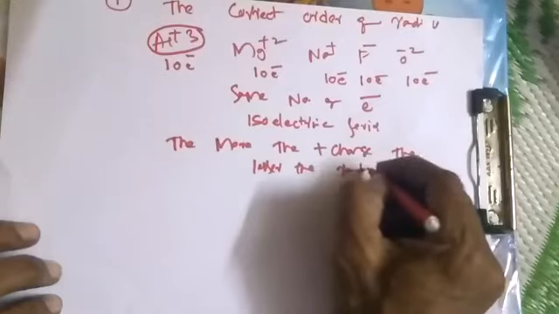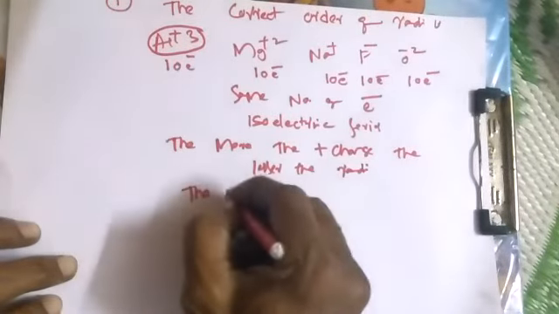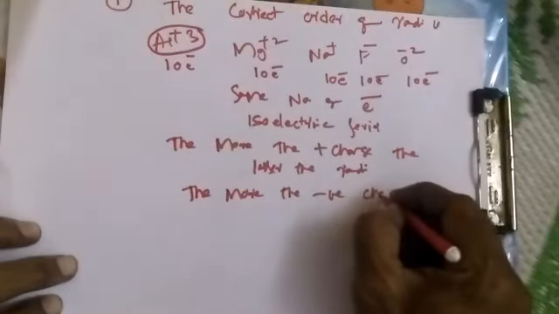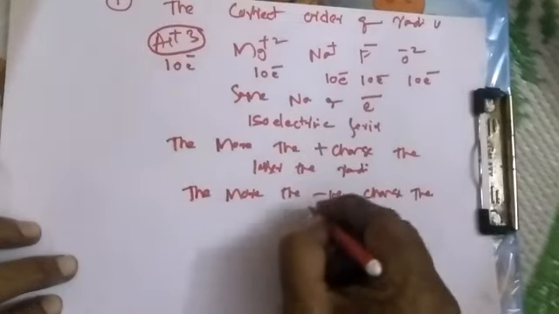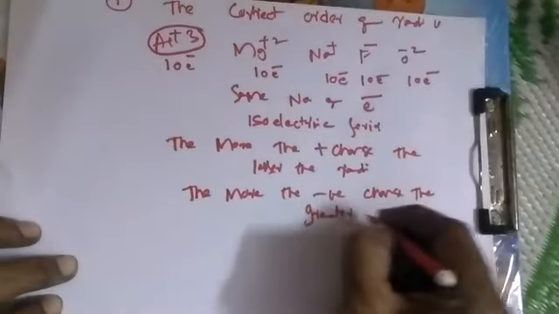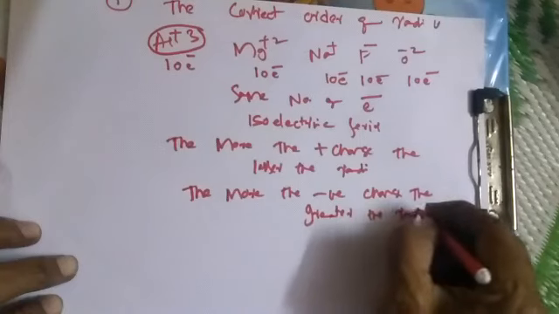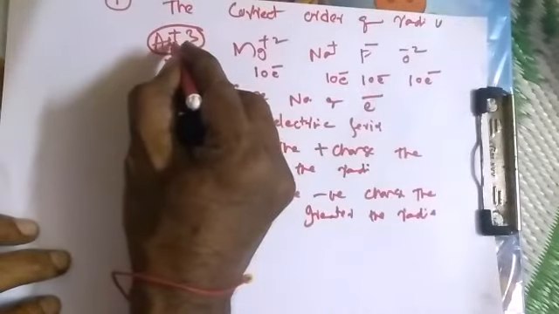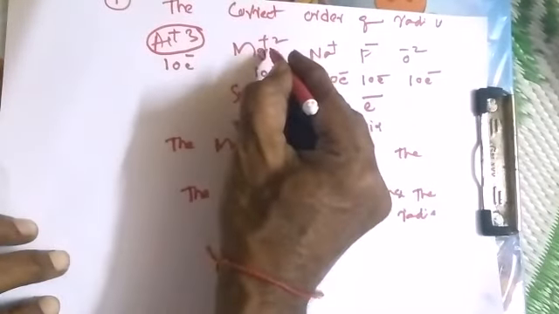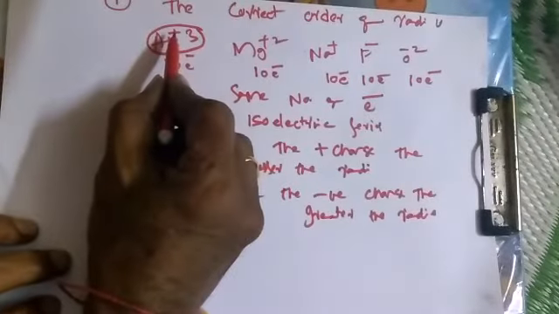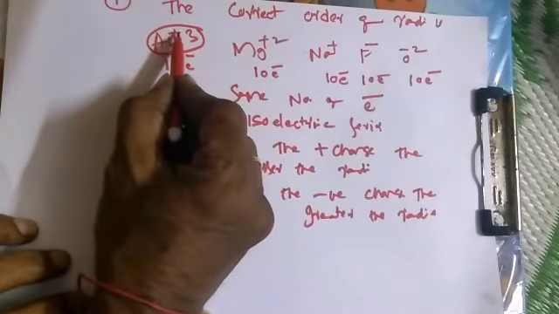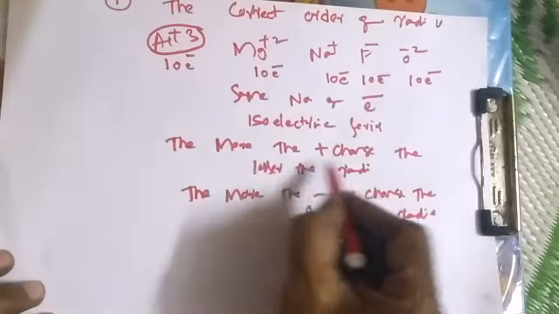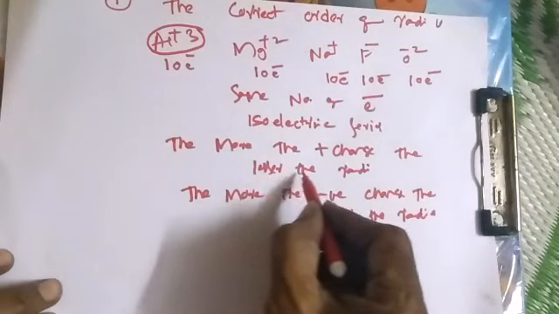The more the negative charge, the greater the radius. Kindly keep it in mind. Here, positive charges: Al plus 3, Mg plus 2, Na plus.